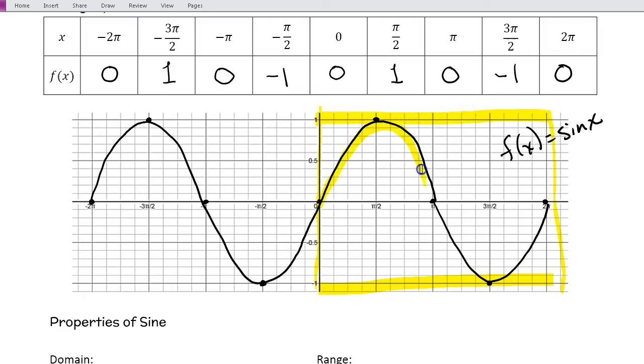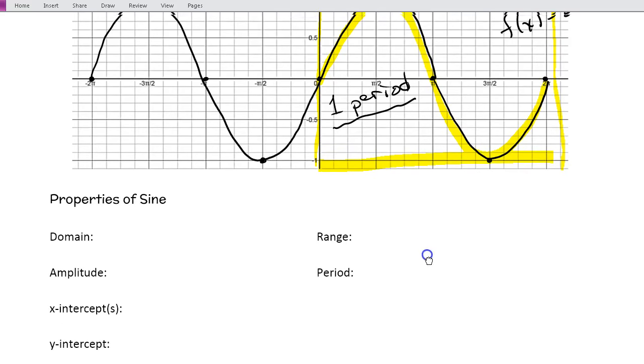This is one cycle or one period of y = sin x, or f(x) = sin(x). You notice it's sort of an S-shaped curve. Okay, so that's our basic sine curve. Let's take a look at some properties of it.